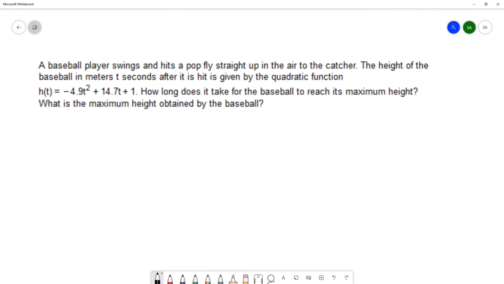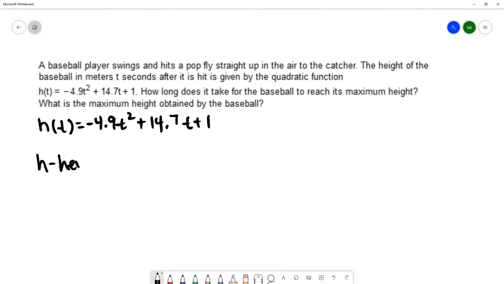So the function that we're given, h of t equals negative 4.9 t squared plus 14.7 t plus 1, is going to tell us the height, so h stands for height, at any moment in time after the ball is hit. So if we choose a time and substitute it in for these t's here, that will tell us the height at that moment.